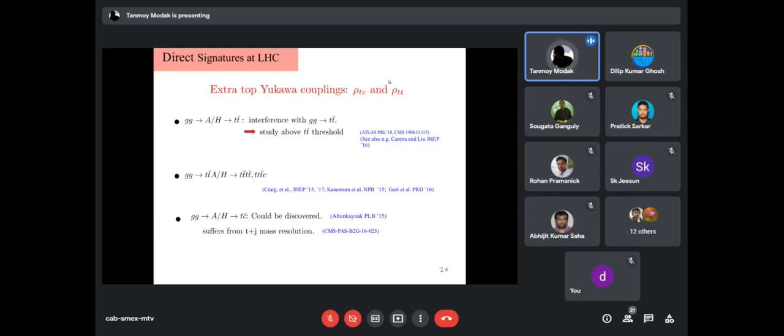So the production is dependent on rho_tt, and the decay is dependent on rho_tc. It could also be discovered, but there are some issues on mass resolution for top quark and jet. Due to that, some members of CMS in my previous institute think that this process could probably not be sensitive at the LHC.